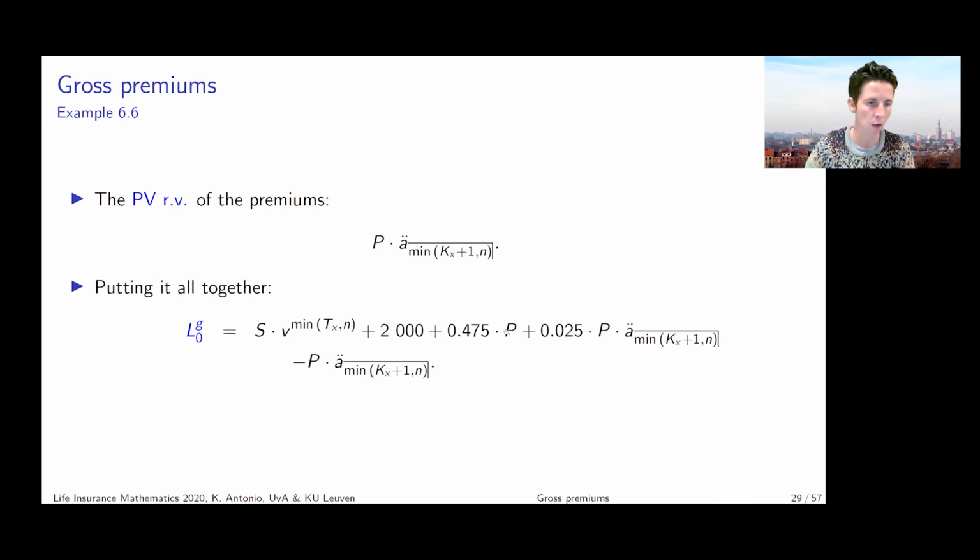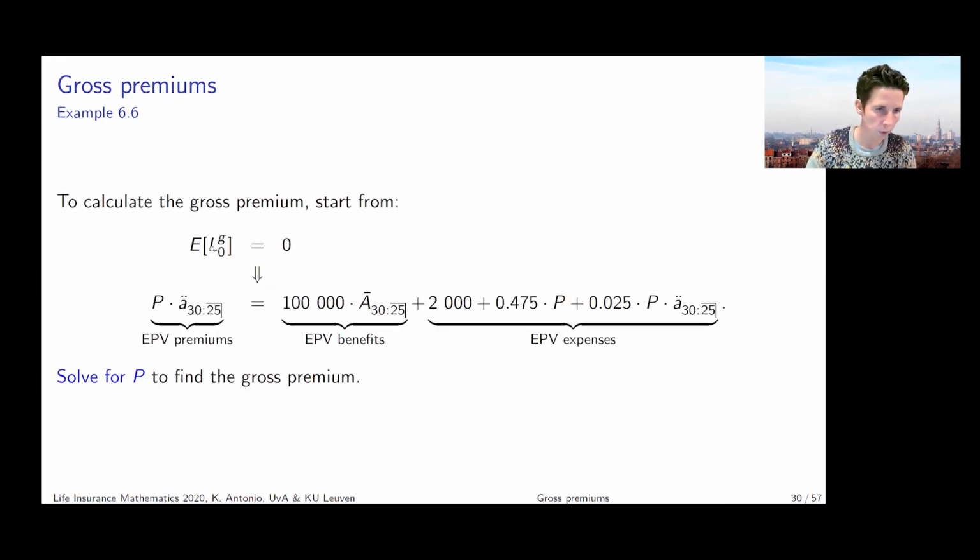So we say, let's put the expected value of the future loss equal to 0. And what we need to solve then is the following actuarial equivalence, right? We've got the EPV of the premiums, which is equal to the EPV of the benefits plus the EPV of the expenses.